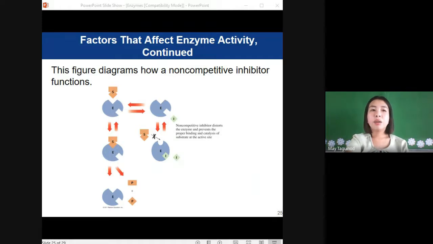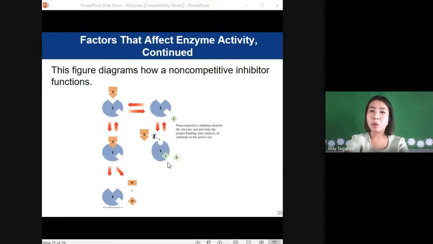As long as this type of inhibitor is bound to the enzyme, it will no longer function effectively. As you can see in this illustration, here is the substrate and this is the enzyme.